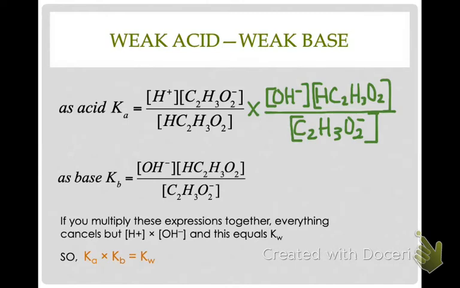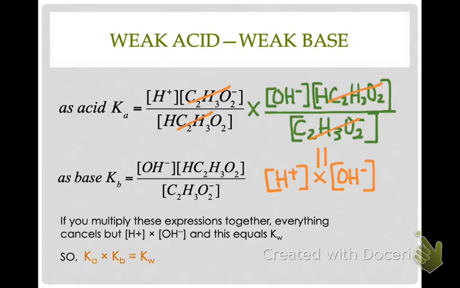Now you can see here when I multiply these expressions together, I have the acetate ion in the numerator there and denominator here, so that cancels. And I have acetic acid in the denominator on this side and in the numerator on this side, so that cancels. And what I'm essentially left with in this reaction is the concentration of H plus times the concentration of OH minus.